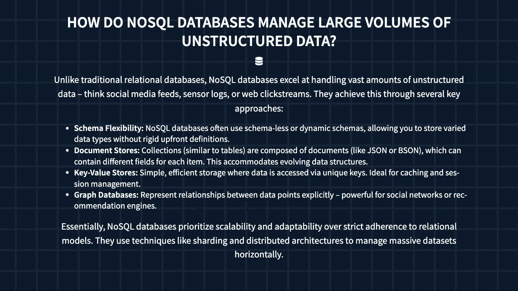This lets them easily handle data that changes and has different fields. You might also encounter key value stores, which are super simple for tasks like caching. And then there's graph databases, which are great at showing relationships between pieces of information, like in a social network. Finally, they use techniques like sharding to spread the data across multiple servers, allowing them to handle truly massive datasets.